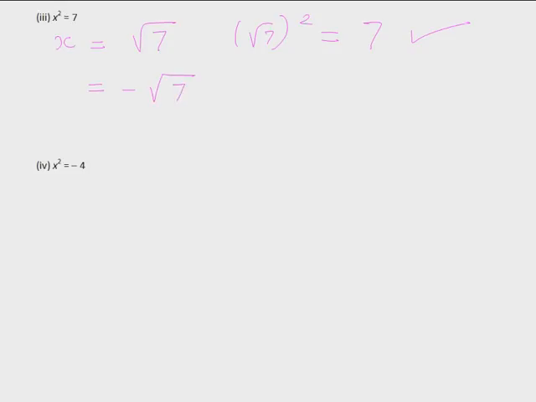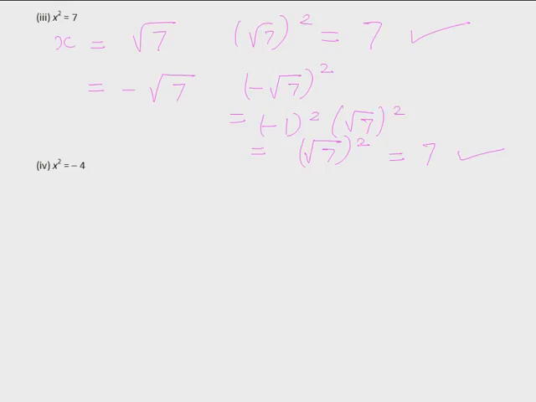This is also a solution. Because minus square root of 7 square is equal to minus 1 square into square root of 7 square, which is equal to square root of 7 square, because minus 1 square is 1. Which is 7. So minus square root of 7 is also a solution.